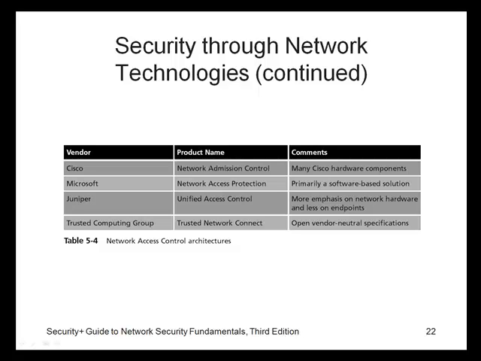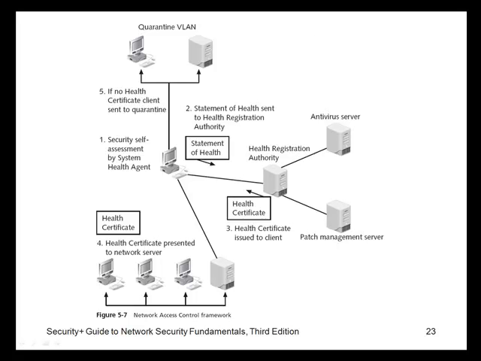Each of them is obviously a little bit different in configuration, but each has the same purpose: to check the clients to see if they have at least a minimal amount of security applied before they're on your network.